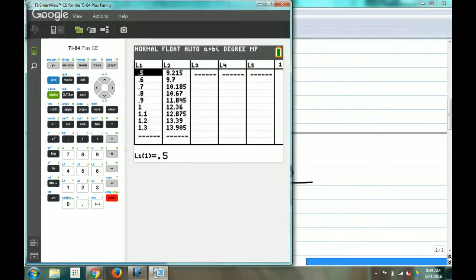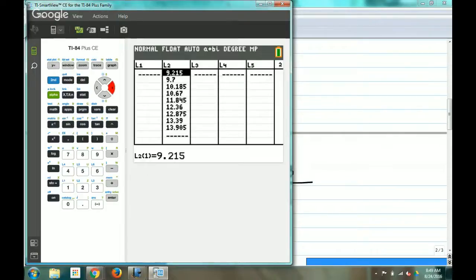Press the up arrow to where L1 at the top is highlighted, then hit clear, and then hit enter. It'll clear out the entire list at once instead of typing over each piece. If you make a mistake typing one in, you can go to that spot and retype over it. But if you need to clear an entire list, you do that.